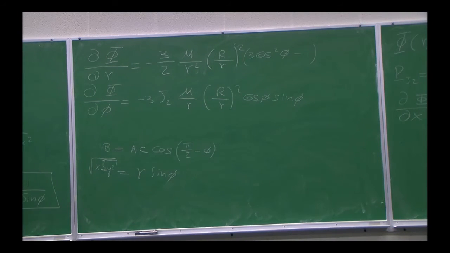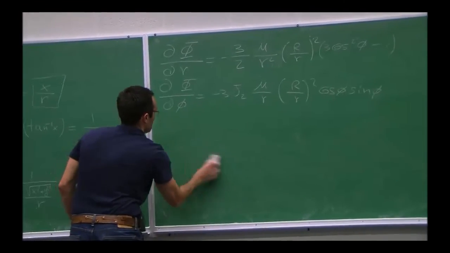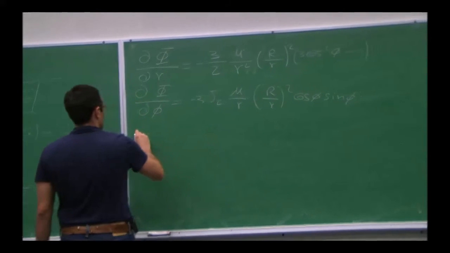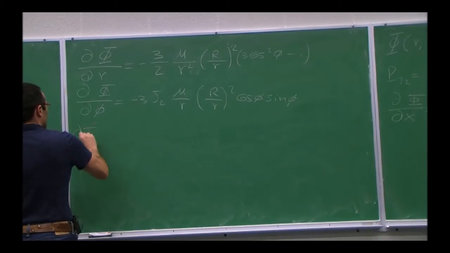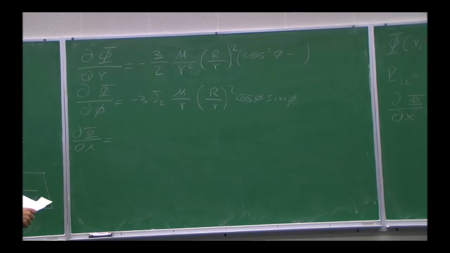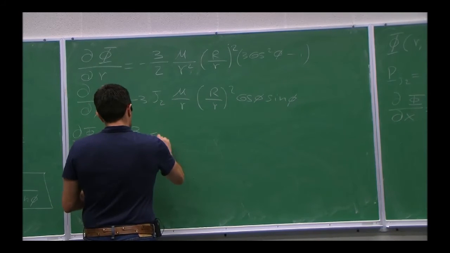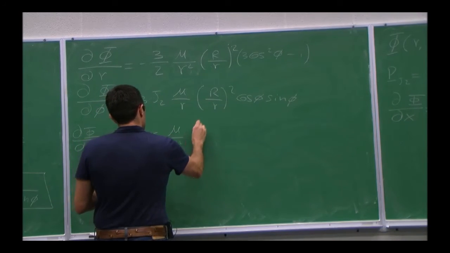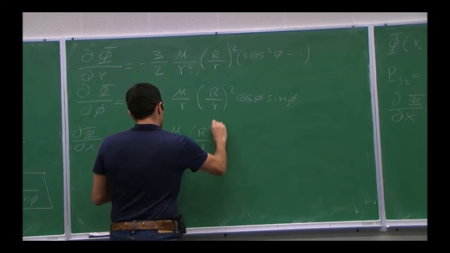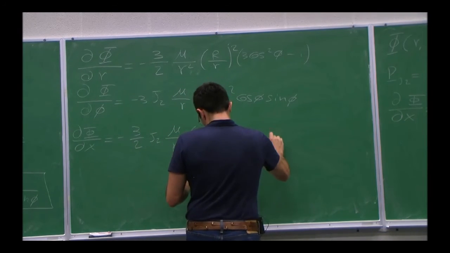So now you have to basically multiply all these things together, right? Yeah, let's do it here. And this is only one on the x direction, so I'm not going to do the other ones. The partial of phi with respect to x is now all these things together: minus 3 over 2 J2 mu over r squared, big R over r squared, 3 cosine squared of phi minus 1.